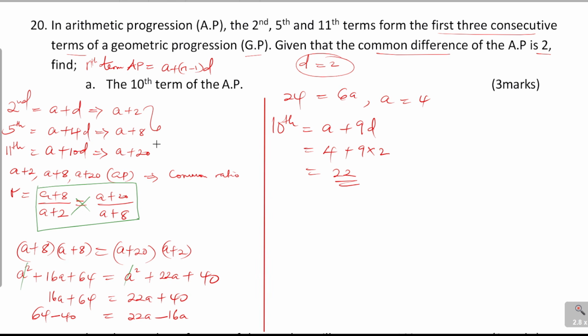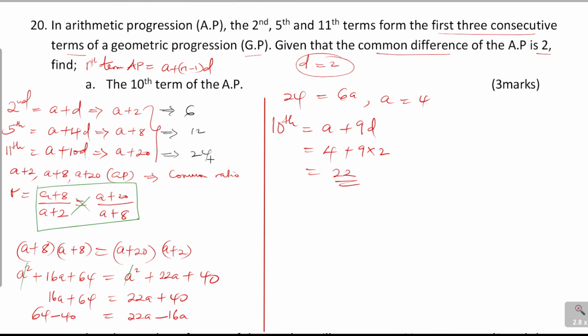These are the ones that form the first 3 consecutive terms of the GP. So we have a plus 2, because we already got a as 4, so this will be 6, and then this will be 12, and then this one will be 24.